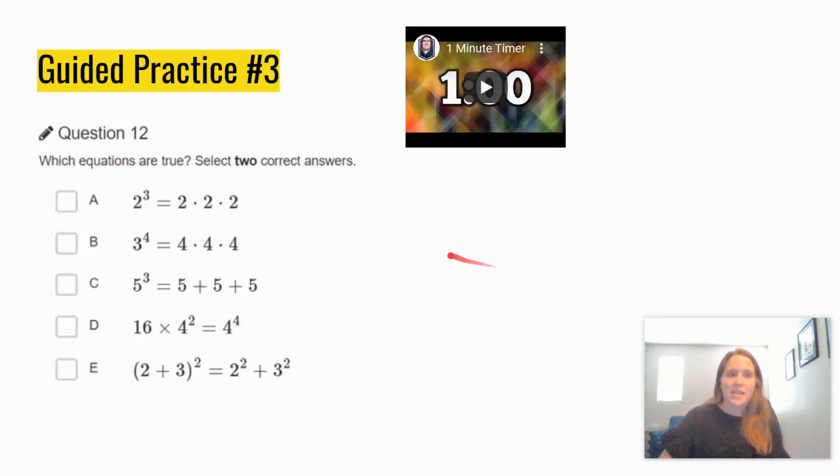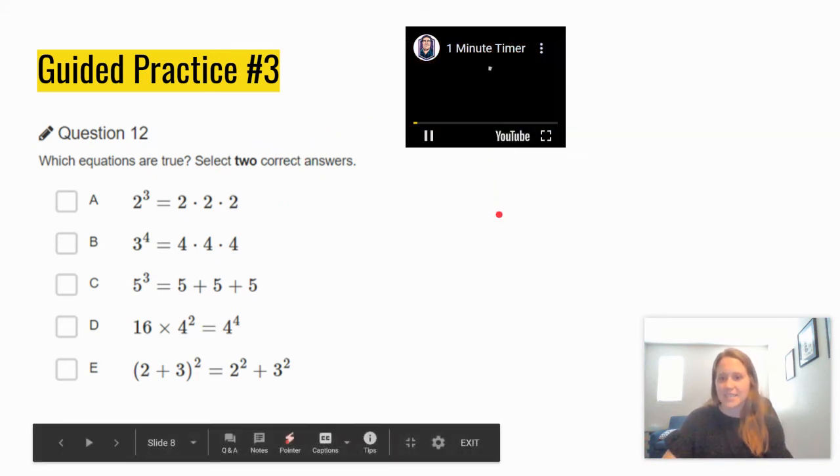Here's question number 3. I want you to select which equations are true. There are 2 correct answers here, so look really carefully for them. We're going to take 1 minute to think, and then we'll come back together.